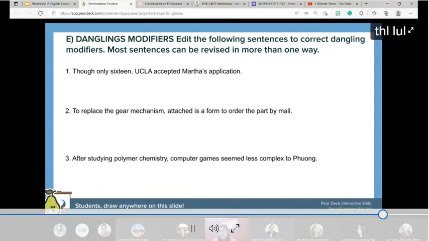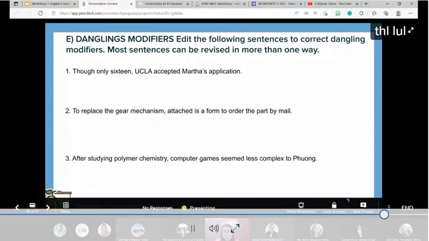So, though only 16, UCLA accepted Marta's application. How can we fix that? Who was only 16 years old? UCLA or Marta? Marta.